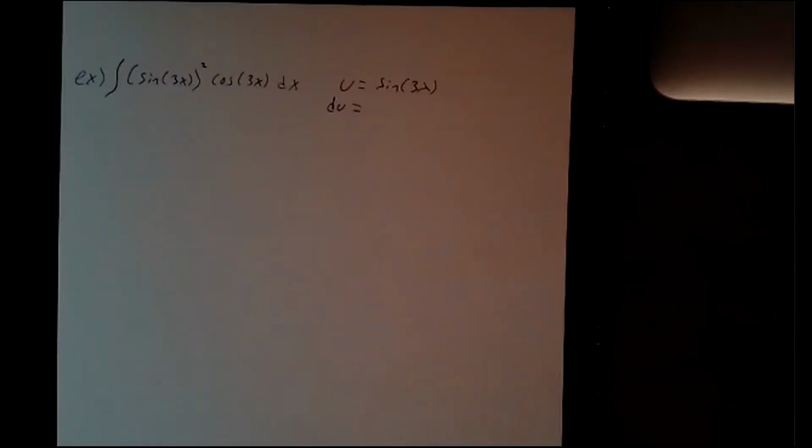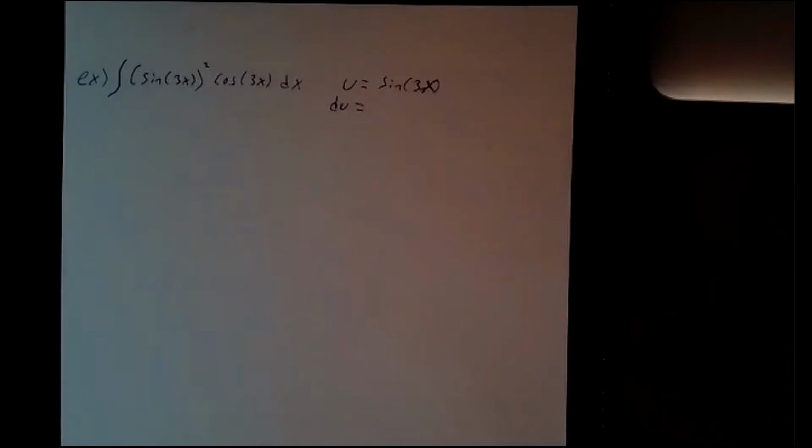So u will be sine 3x. What is du? What is the derivative of sine 3x? Yeah, it's close. It's going to be 3 cosine 3x, right? Don't forget the chain rule.